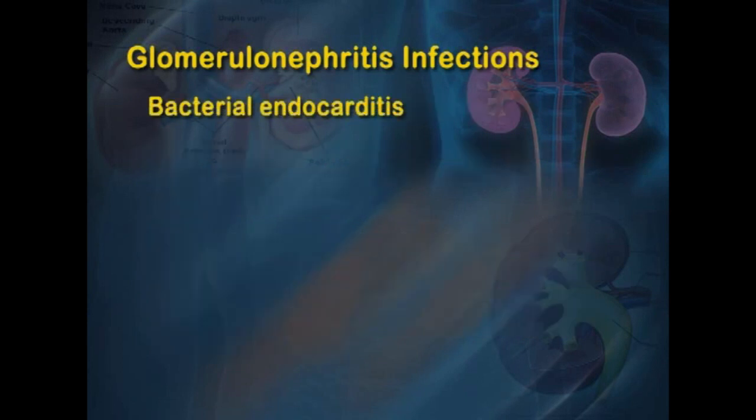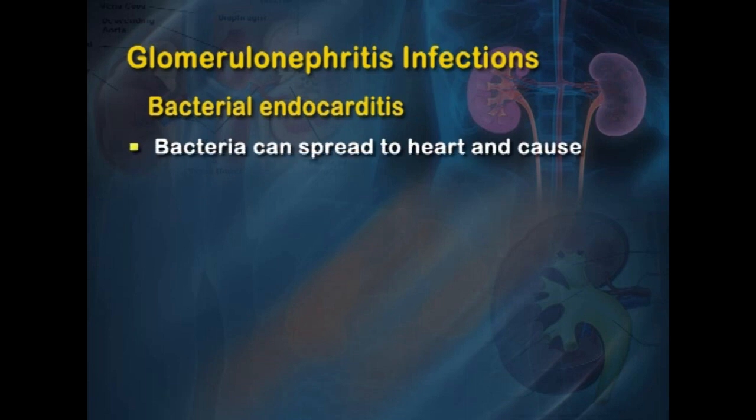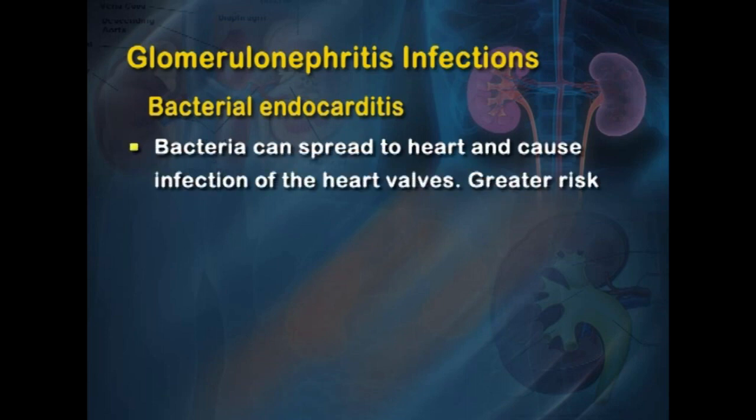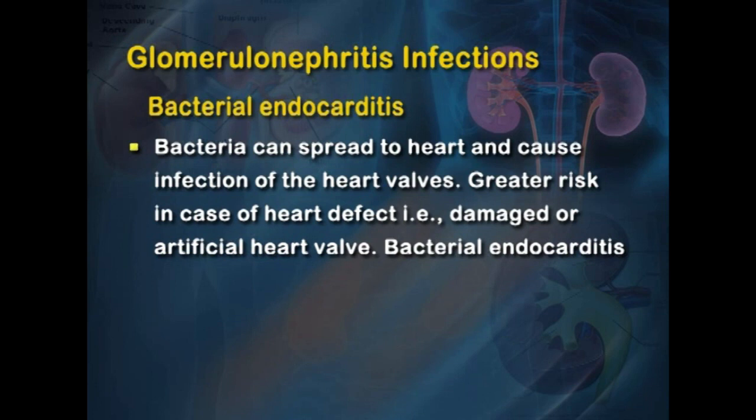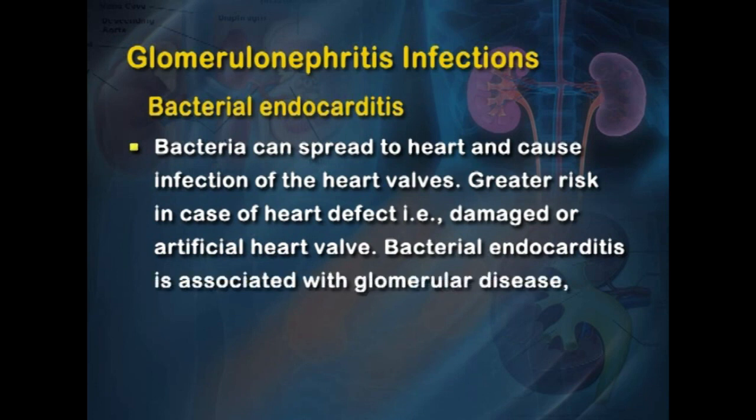Then there can be even bacterial endocarditis, inflammation of the cardiac membrane. Bacteria can spread to the heart and cause infection of the heart valves. There is greater risk in case of a heart defect, that is, a damaged or artificial heart valve. It is associated with glomerular diseases, but the exact link between these two is not yet established.